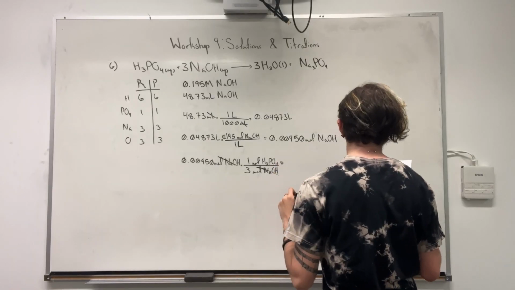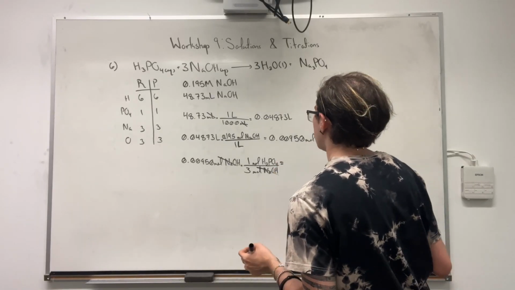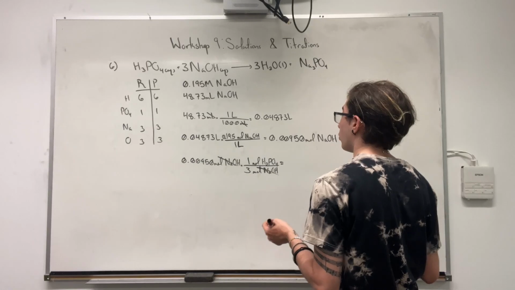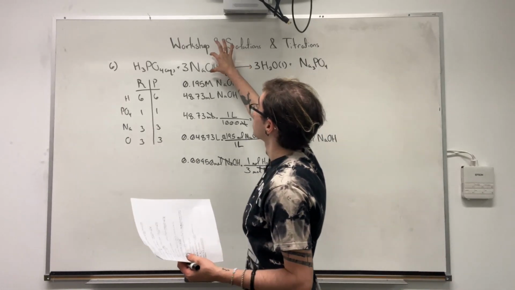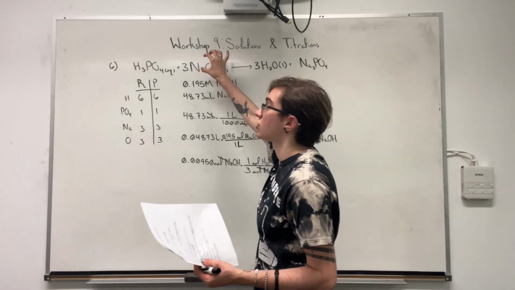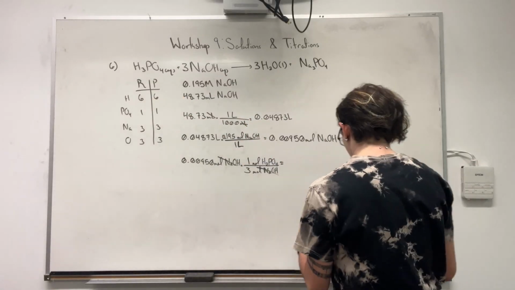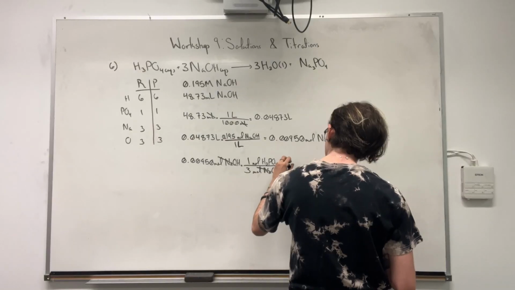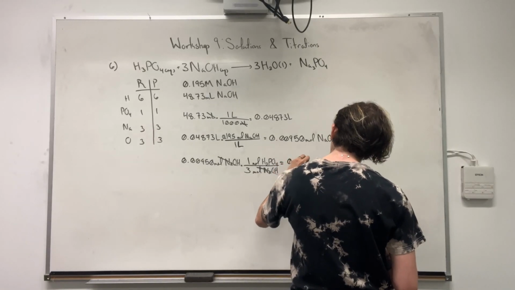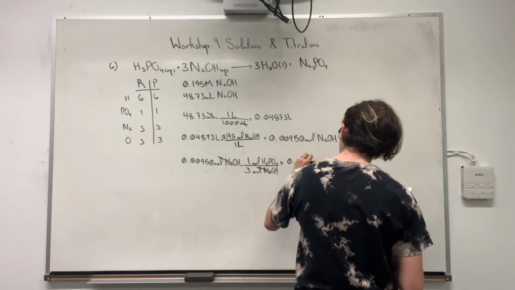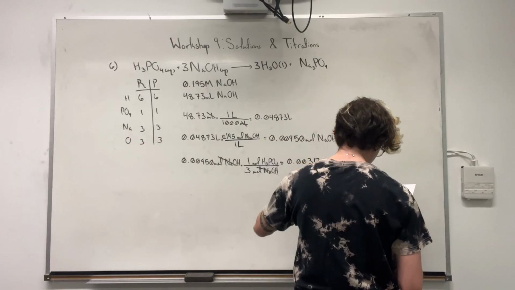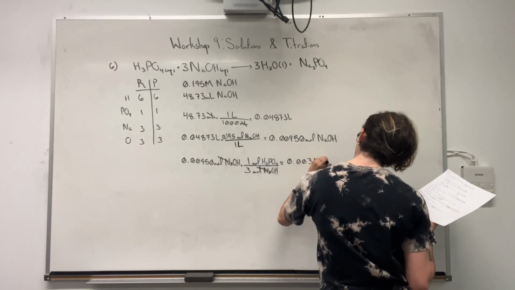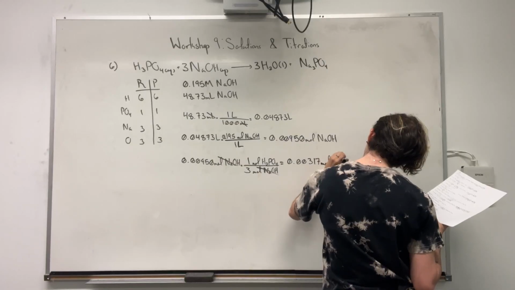So dividing our moles by 3, even though we used 0.00950 moles of sodium hydroxide, because it takes 3 times the amount of sodium hydroxide just to neutralize 1 mole of phosphoric acid, that means we neutralized 0.00317 moles of phosphoric acid.